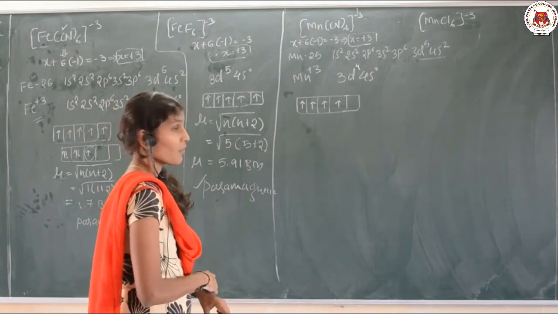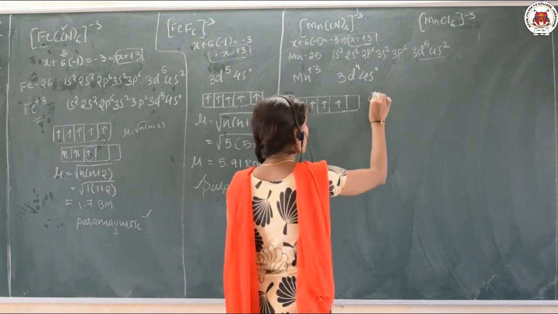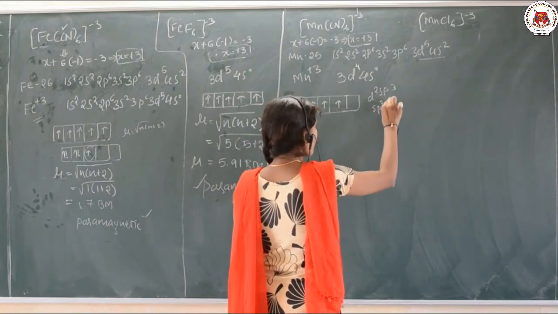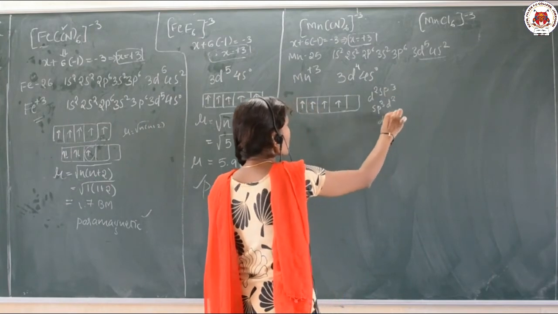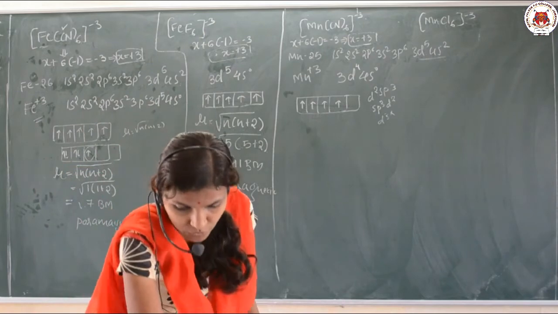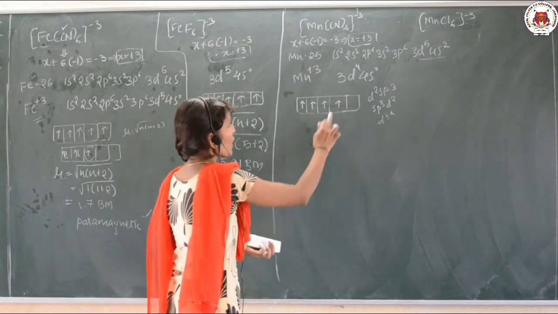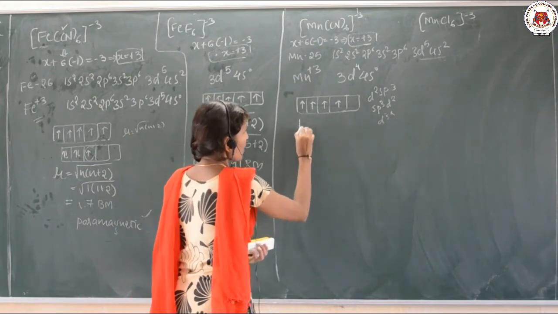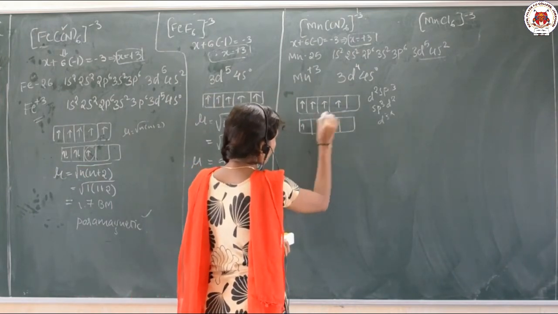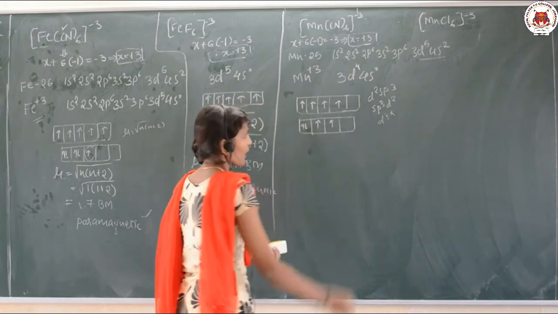Because if you observe, we have the configuration d2sp3 or sp3d2, but we do not have d3. d3 is not possible here. So only 1 electron is going to pair up, and another 2 unpaired electrons remain.